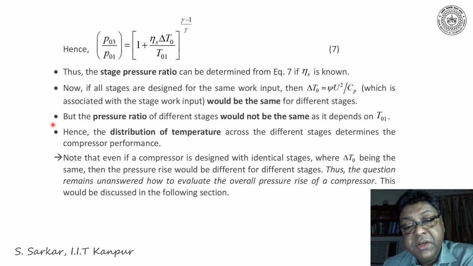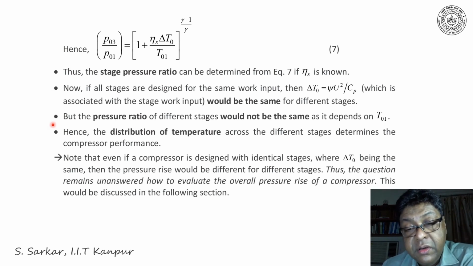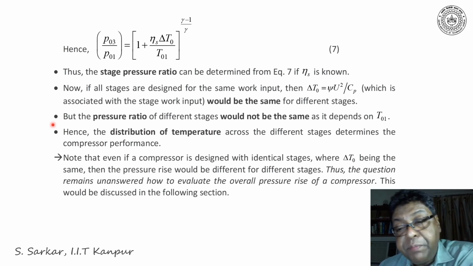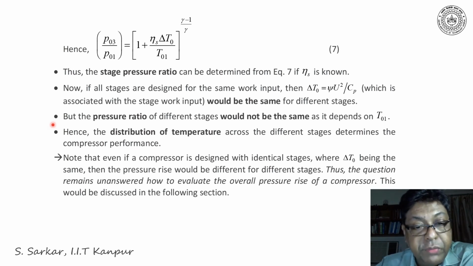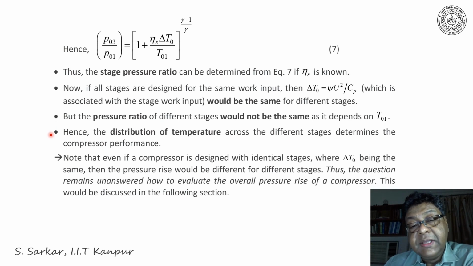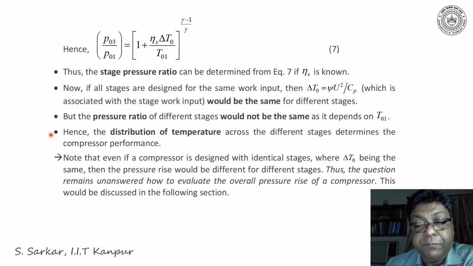However, the pressure ratio would be different considering the fact that the stage pressure ratio depends on T01. Thus, we may conclude here that the distribution of temperature across different stages determines the compressor performance.